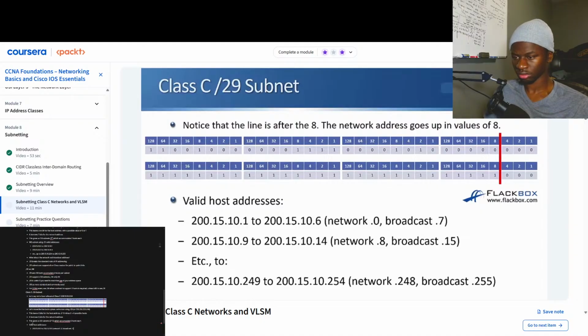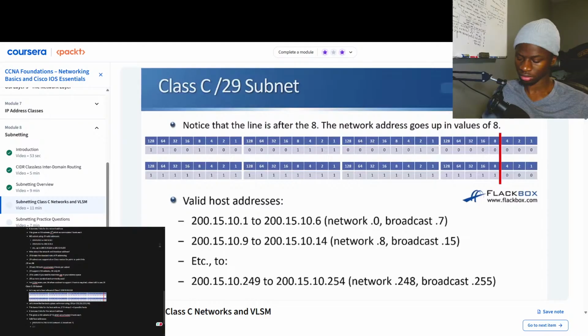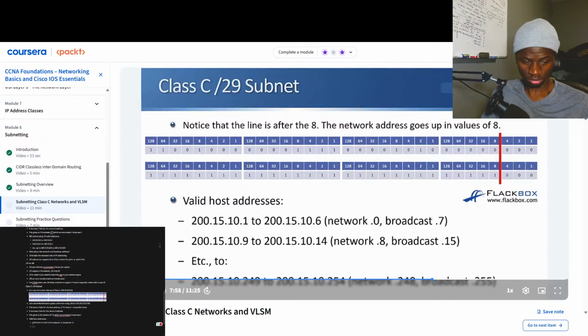So the network address is .0 and the broadcast address is .7.